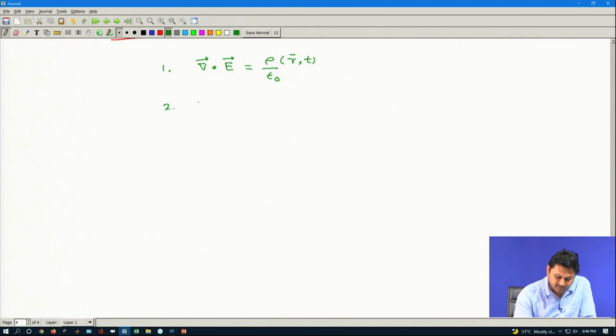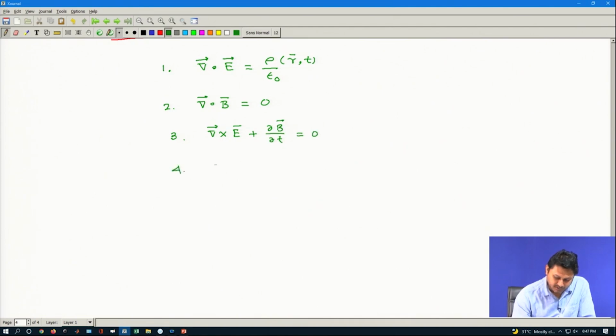The second equation is divergence of B equals 0. The third is curl of E plus del B del t equals 0.